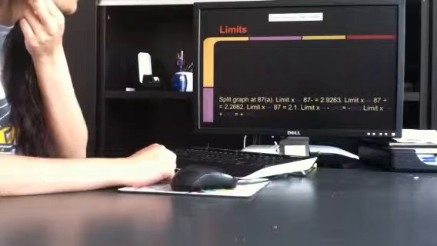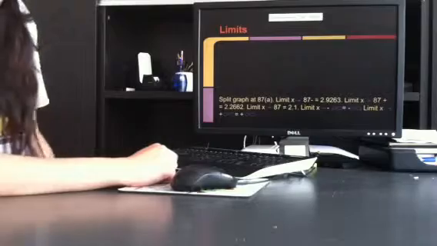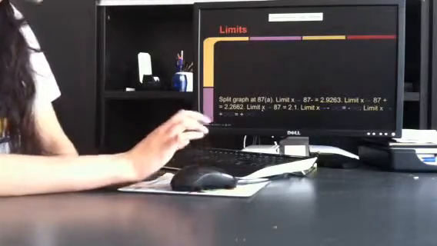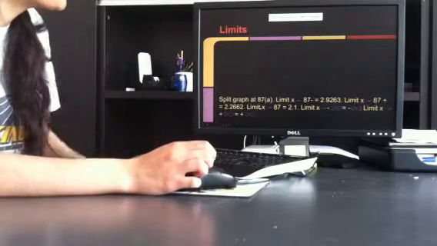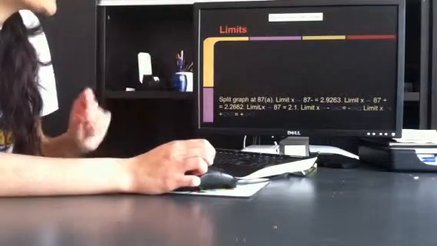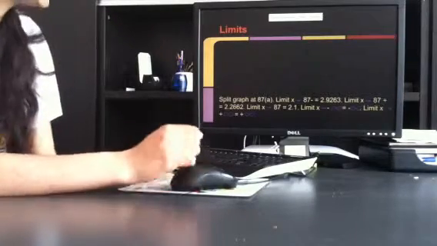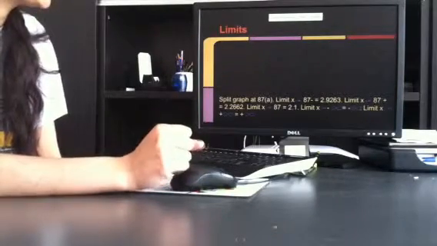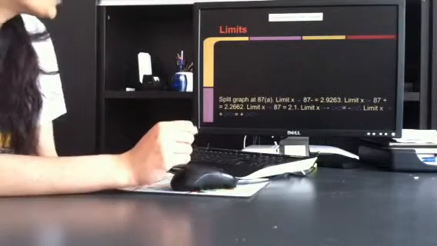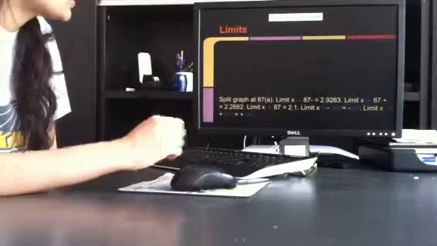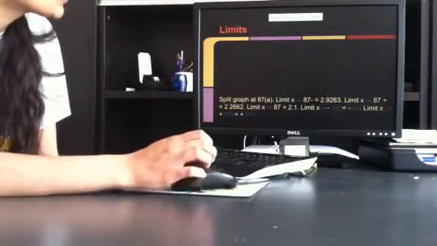Here is my limits. The picture didn't come up. I split my graph at 87, which is A, and the limit as x approaches 87 from the left is 2.9263, and the limit as x approaches 87 from the right is 2.2662, and the limit as x approaches 87 is 2.1.